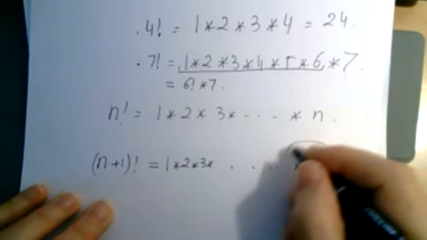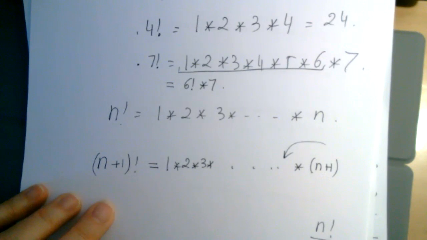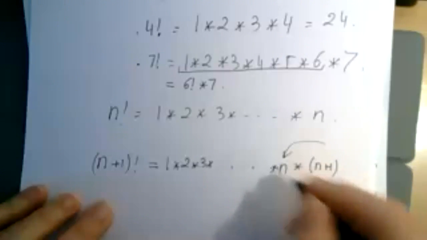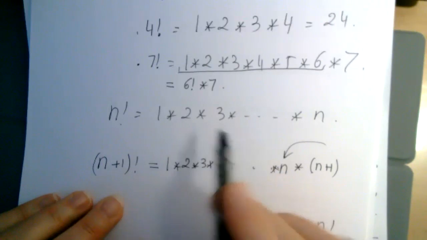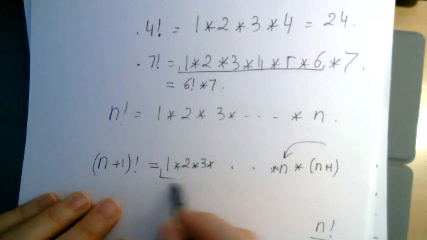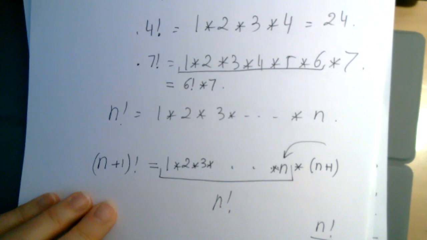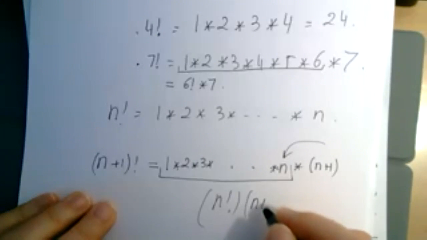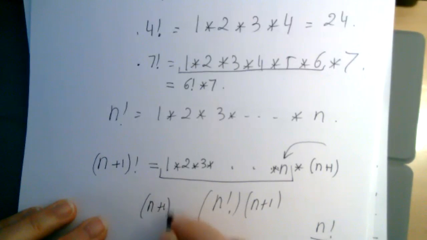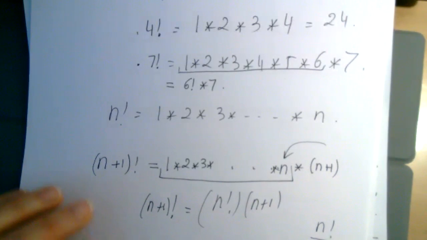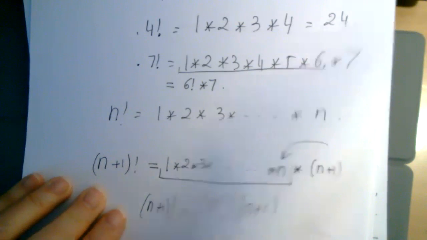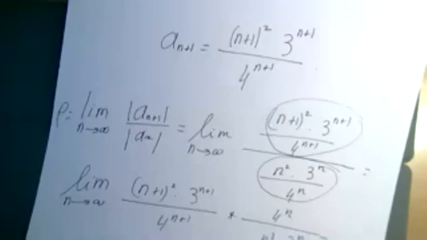So what should be the term before it? It should be n. This is like I did up here for 7 factorial. This piece is n factorial times n plus 1. So n plus 1 factorial is n factorial times n plus 1. Of course, why am I bringing this into the picture? Because we need it a lot. The factorial is going to play a role for us.